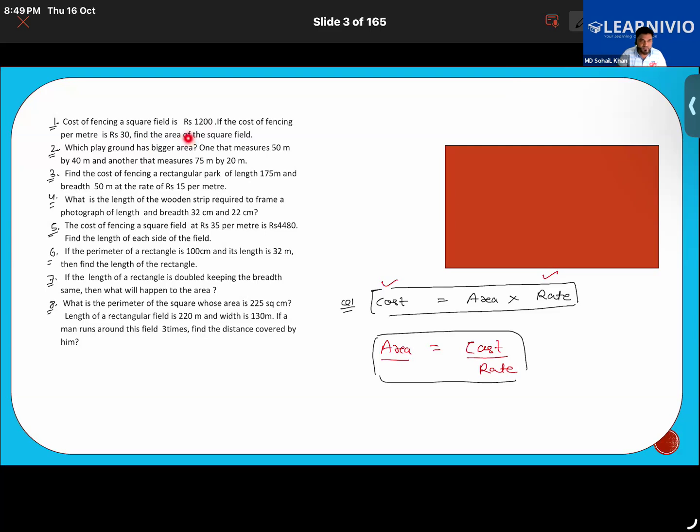Okay, so tell me the answer. 30 and 1,200. So 30, 60, 120. So 3, 120, 0, 0 minus 0 equals 0. So it should be 30. The area is 30.